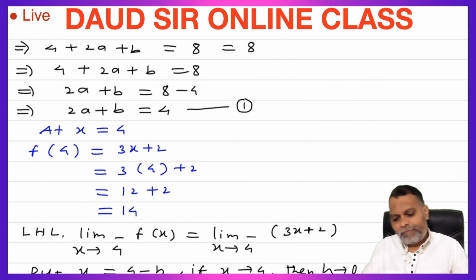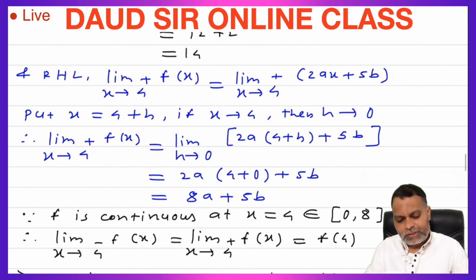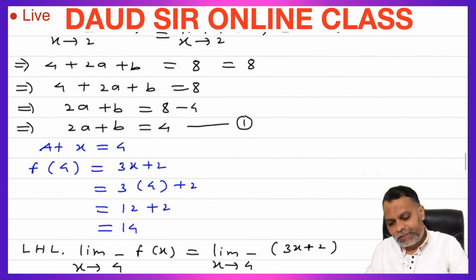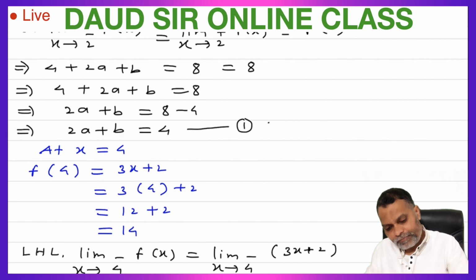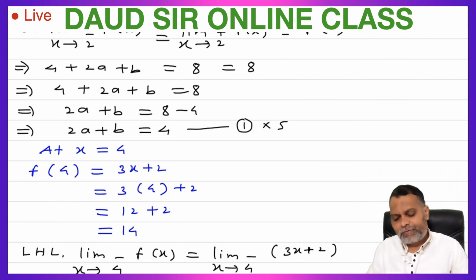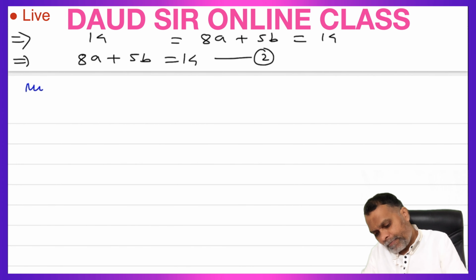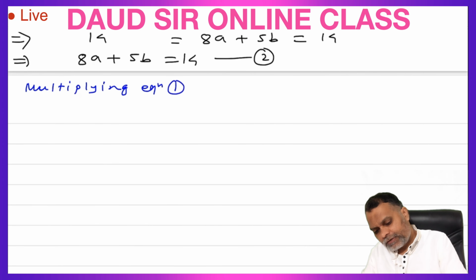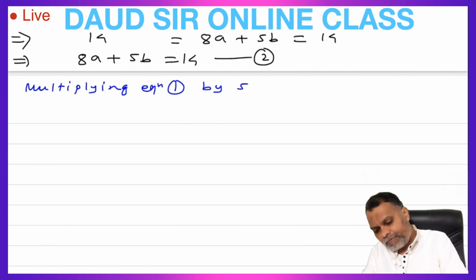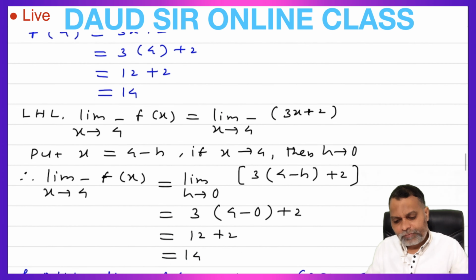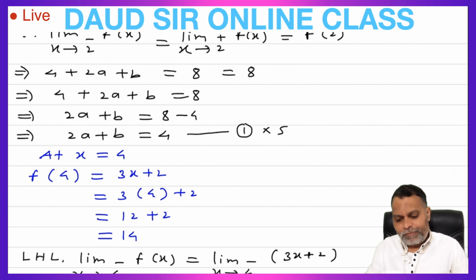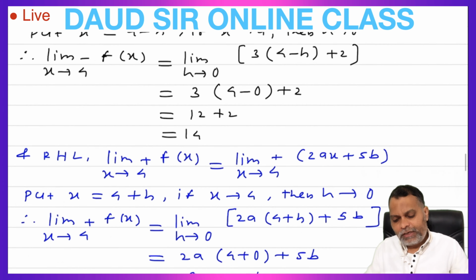So for making the coefficient of b equal, this is 5b, multiply equation first by 5. Multiply by 5. So 5 twos are 10a plus 5b.